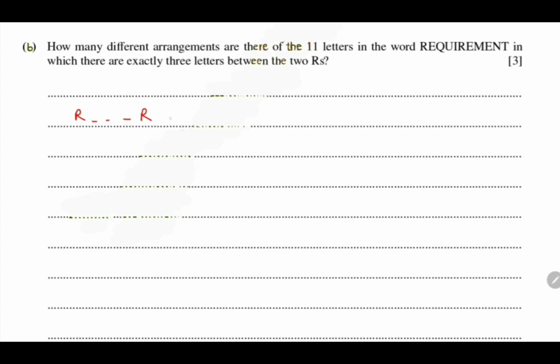We know R can take how many places? R's first place can be first, second, third, fourth, fifth, sixth, and seventh. So this RR combination can take 7 places.